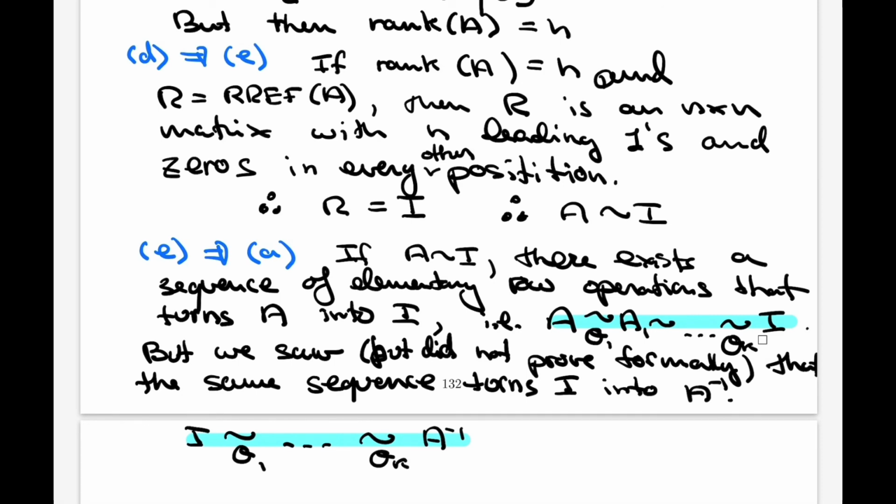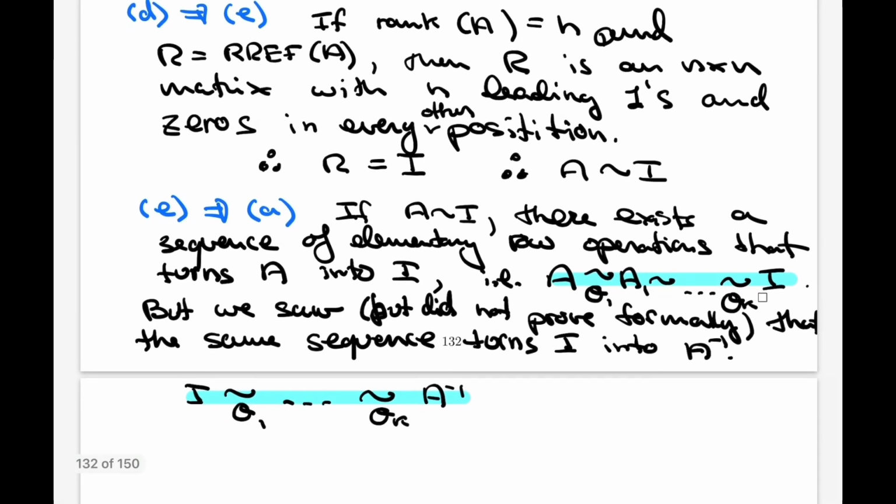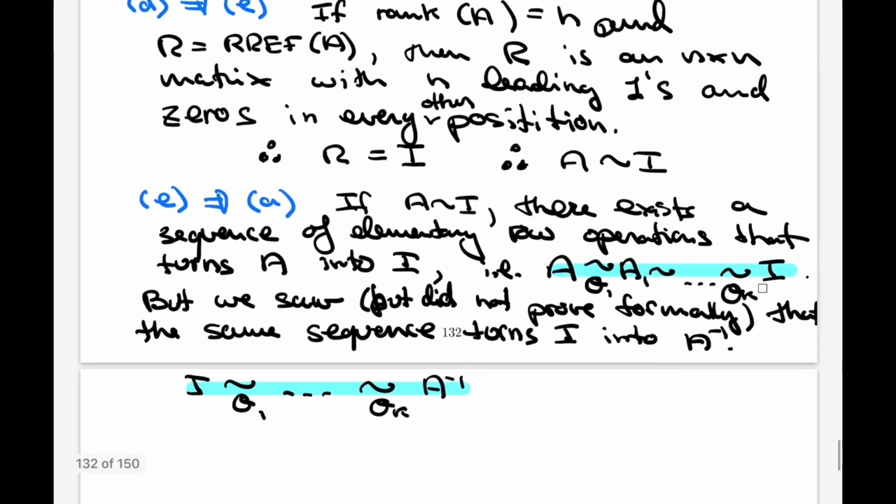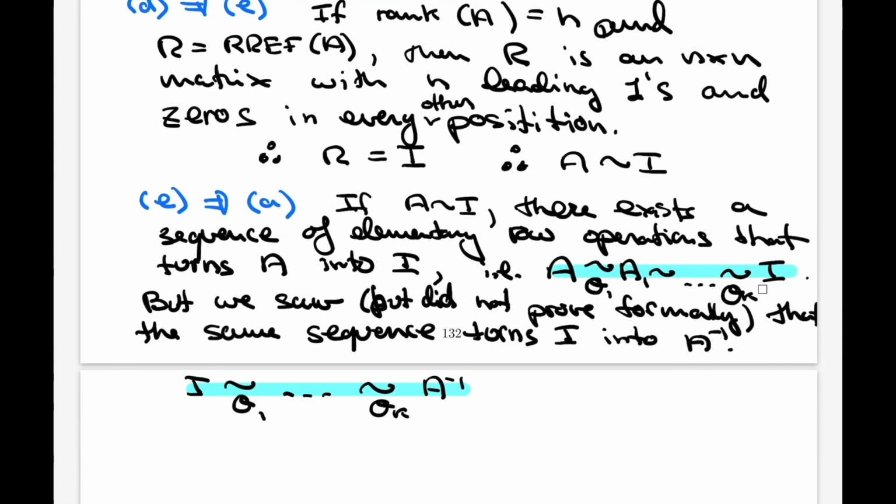We haven't proven this formally, but we've seen enough examples to be convinced that this is true. If we were to really complete this proof in a formal manner, we'd have to show that step. But this will be enough for the purposes of our course. And therefore, since this sequence turns I into A inverse, A inverse exists, and therefore A is invertible. And that concludes the proof of the invertibility theorem.